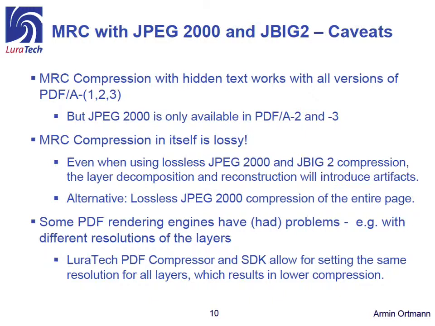That is also due to the fact that, depending on the input, we tend to downsample the foreground and background layer information. So you may have less resolution in those layers and only have the full resolution in the text layer. And if someone naively says, well, there's one layer that's only 100 dpi, so I guess 100 dpi is enough for the entire page, then suddenly the document looks much worse than it ought to.